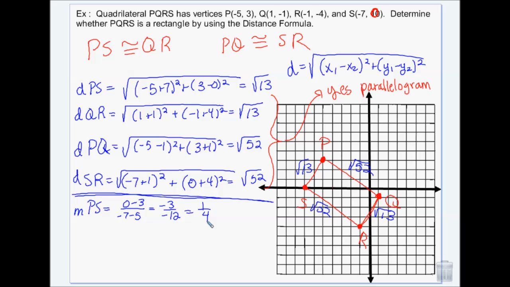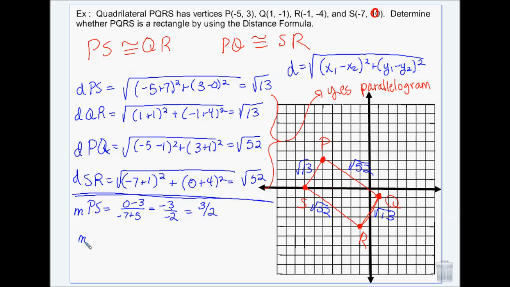Oh, sorry, I lied. Negative 7 plus 5, because it's minus a negative. So 0 minus 3 is good. Negative 7 plus 5, so it's negative 2, so it's 3/2.